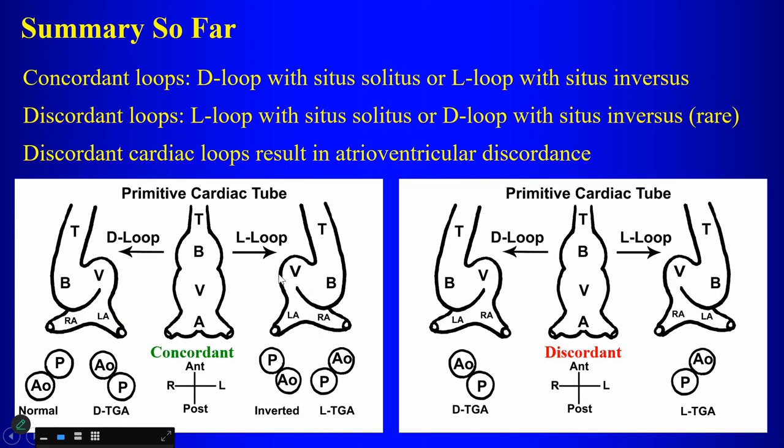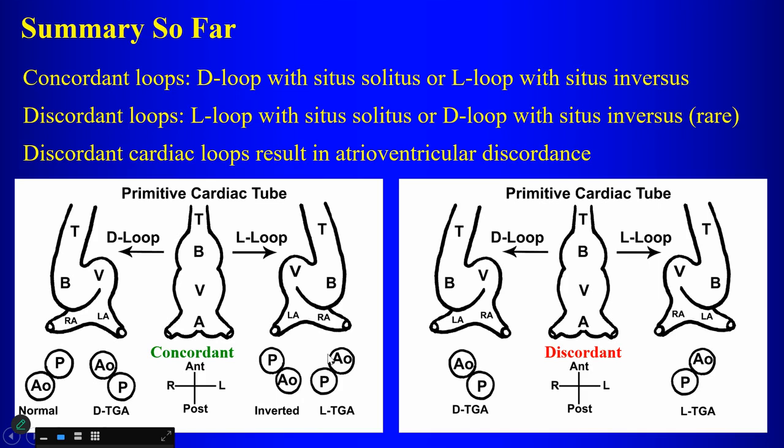Now again, this can also happen if we have situs inversus with an L loop, and again, in most cases, even in that case, they turn out to have normal connections there. They have concordant atrioventricular connections, concordant ventricular arterial connections. So there, the relationship of the pulmonary artery and the aorta will just be inverted.